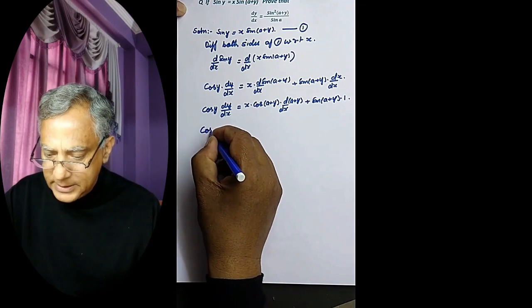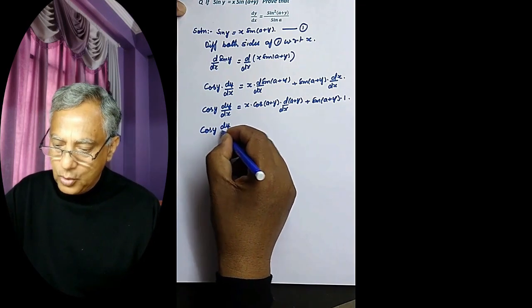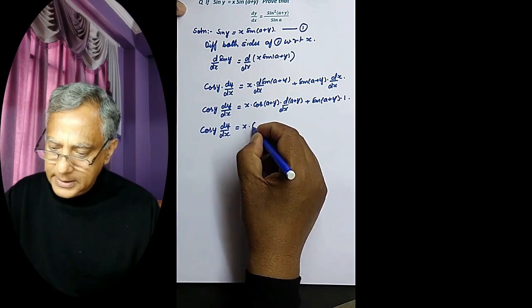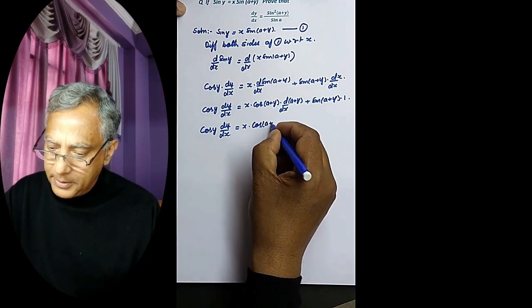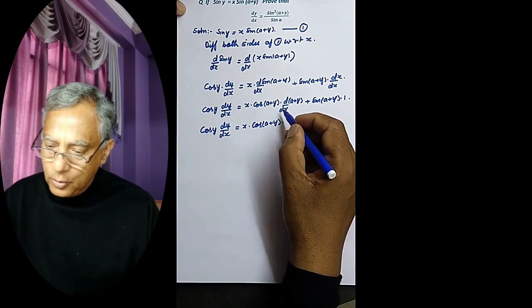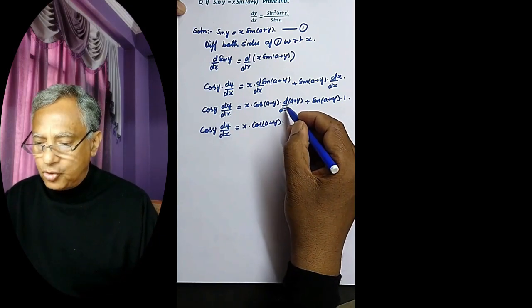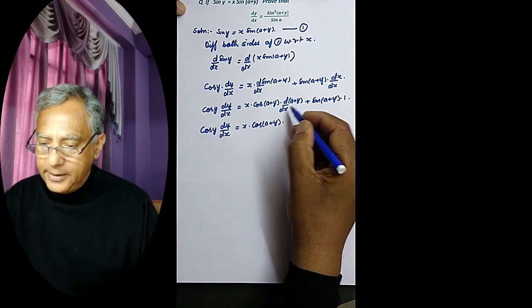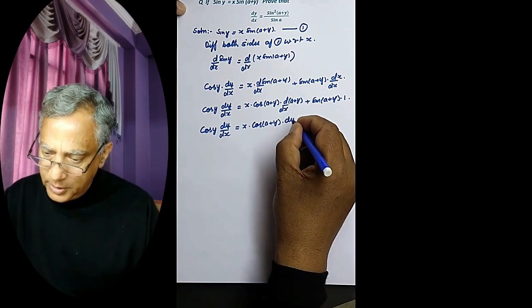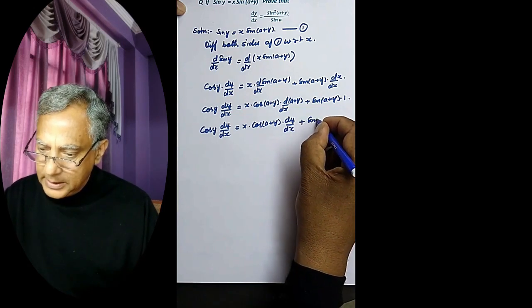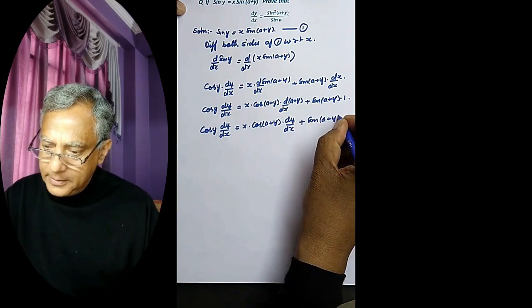So what we get is cos y into dy by dx is equal to x into cos(a plus y) into, now differentiation of a is 0, a is a constant, so differentiation of a constant is 0, and d by dx of y is dy by dx, plus sin(a plus y).